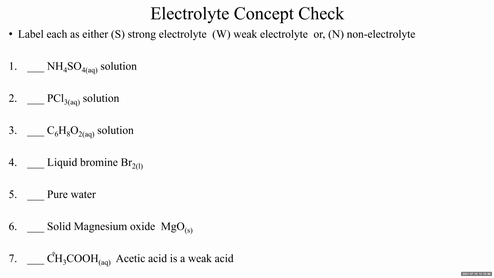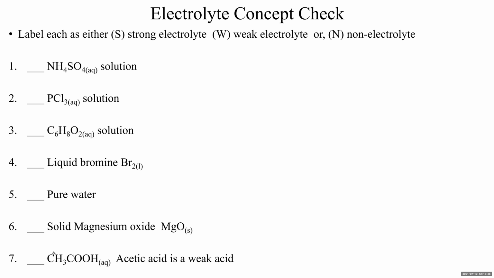Okay, label each one of these as either a strong electrolyte, a weak electrolyte, or a non-electrolyte. In order to do this, you're going to have to figure out, first of all, are you looking at an ionic compound or a molecular compound? Looking at the formula, of course, you should be able to tell.